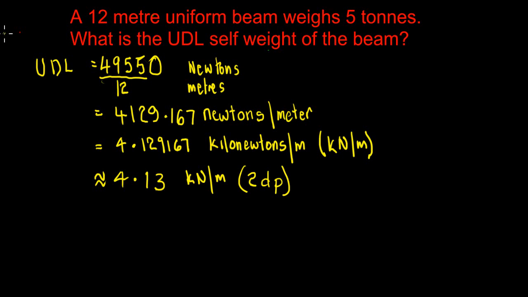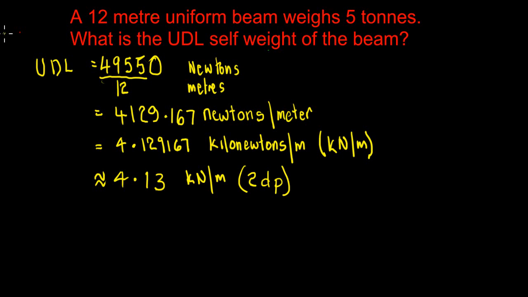4129.167 newtons per meter. But typically, because the newton is quite a small measure, or a small amount of force, we measure these in kilonewtons per meter, and that is 4.129167.